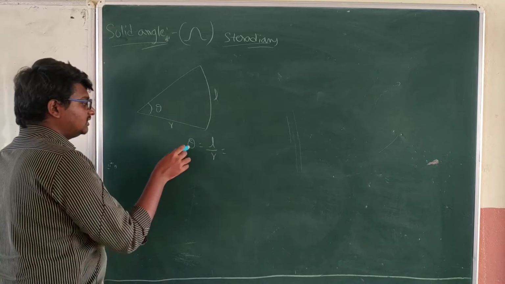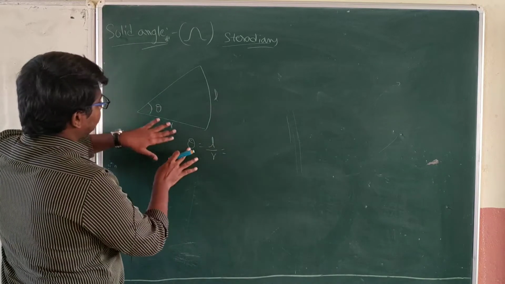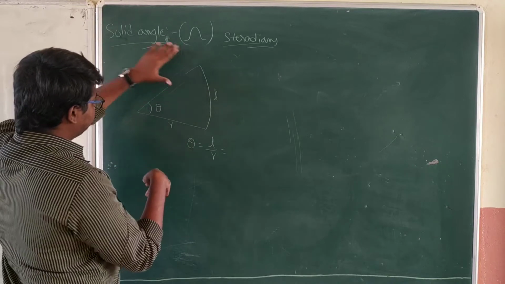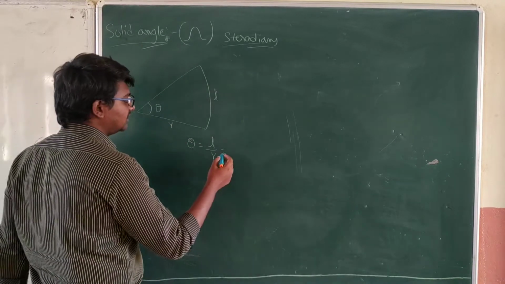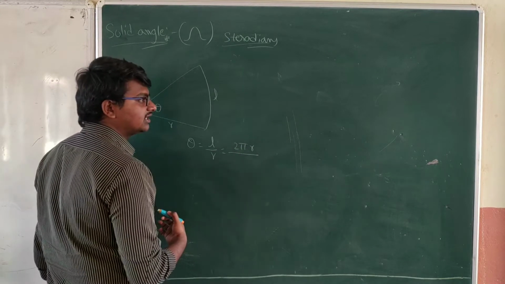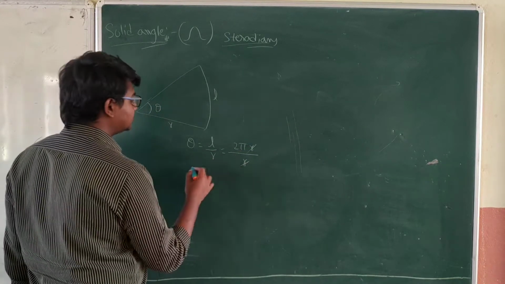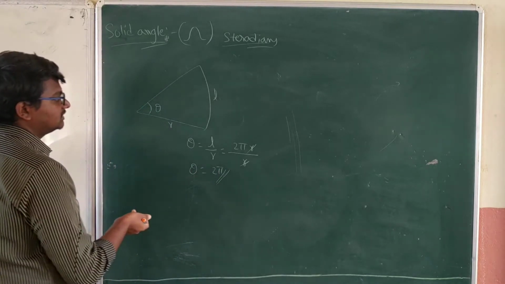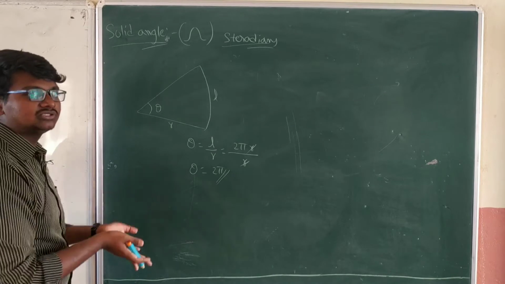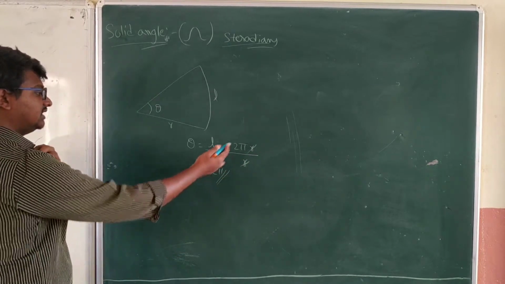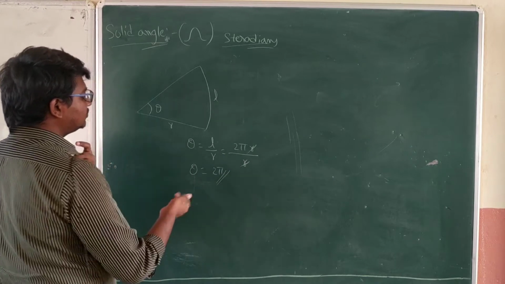For example, if you consider that theta is maximum, means a complete circle, then length will be equal to the perimeter 2 pi R, right? R and R get cancelled. That is, theta is equals to 2 pi. That's it. It means we have proved that for a complete circle theta is equals to 2 pi. For a complete circle length is equal to 2 pi R. Then R and R get cancelled. What is remaining? 2 pi.